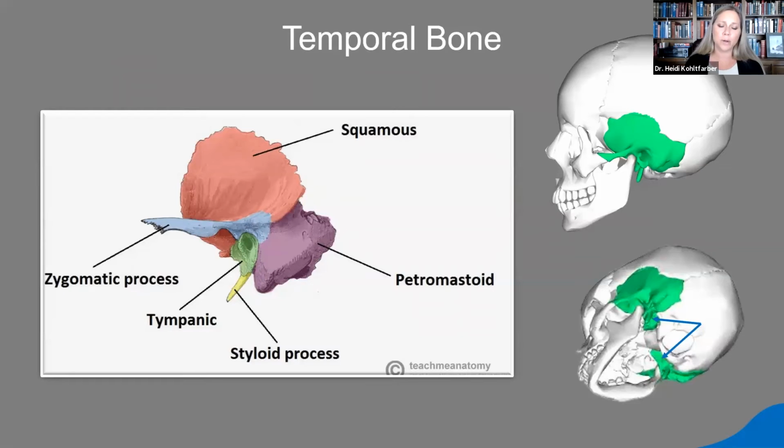Moving on to the temporal bone. This is a beautiful bone. It's not quite as exciting as the sphenoid bone, but it's still nice. We do have, of course, with the zygomatic process, we can have a styloid process, and we have the mastoid process where we have the mastoid air cells. And I talked a little bit about the fact that sinuses tend to not be symmetrical. They like to be asymmetrical.